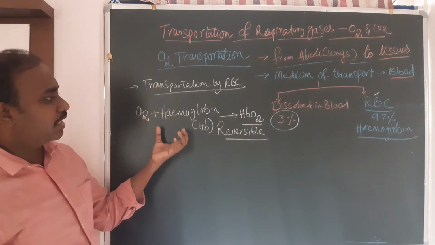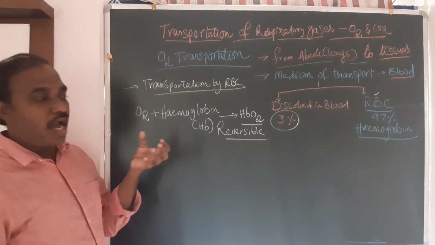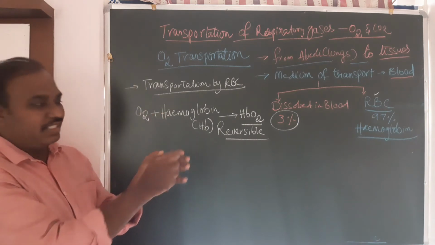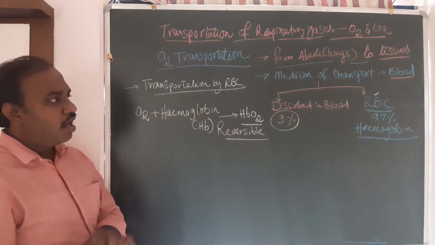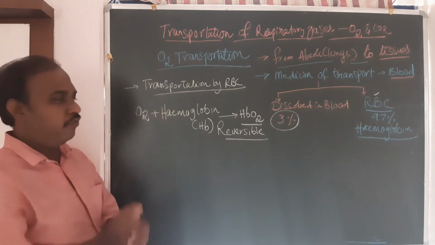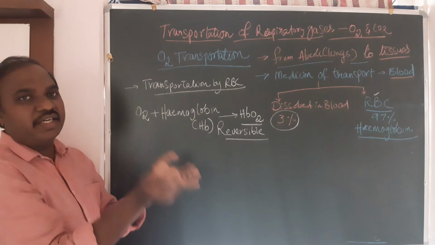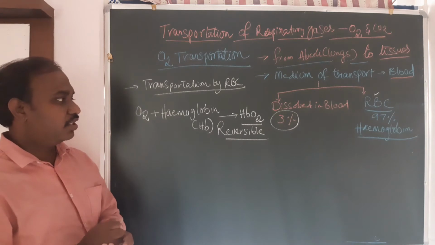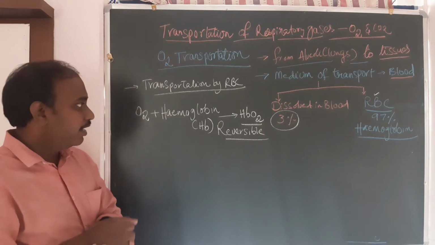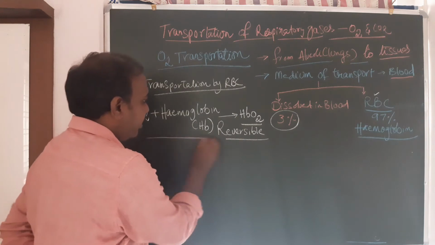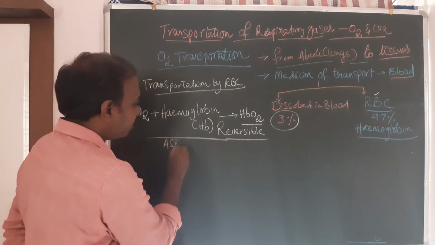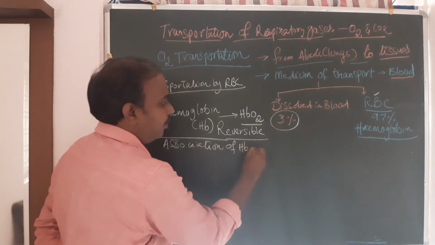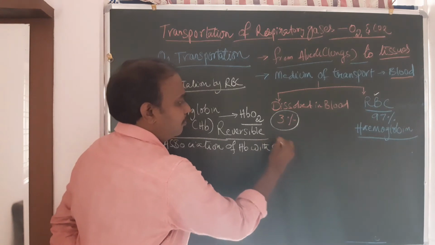If certain conditions exist in a region of the body, it gets associated with the hemoglobin, and if the desired conditions are not existing, it gets dissociated. This is called the association of Hb, hemoglobin, with O2.